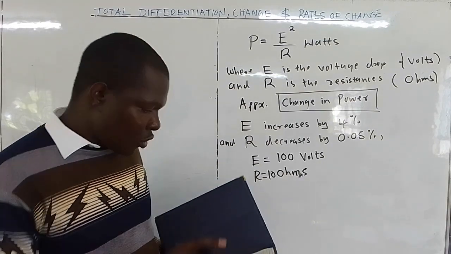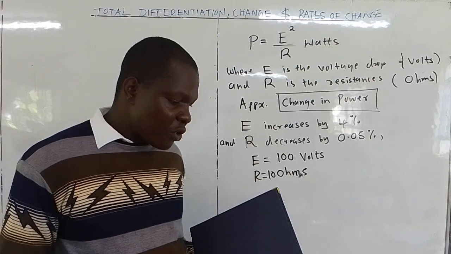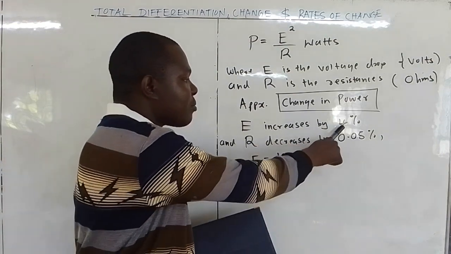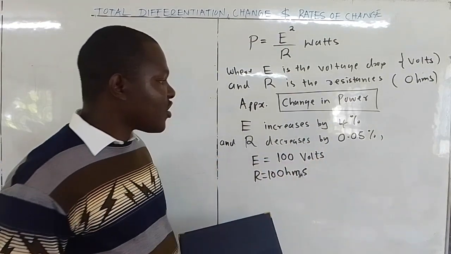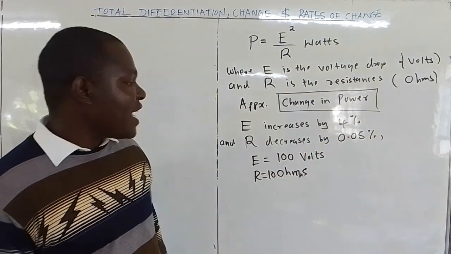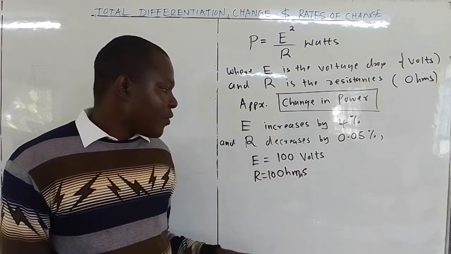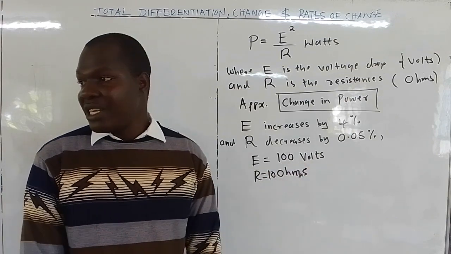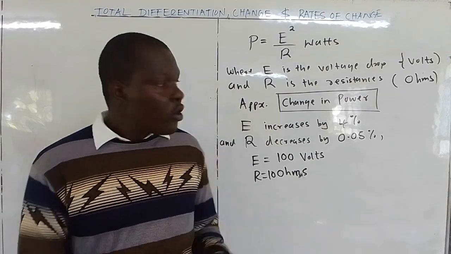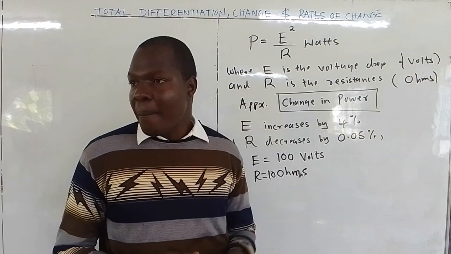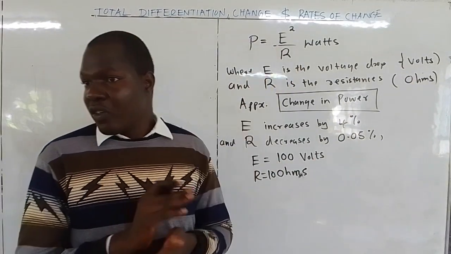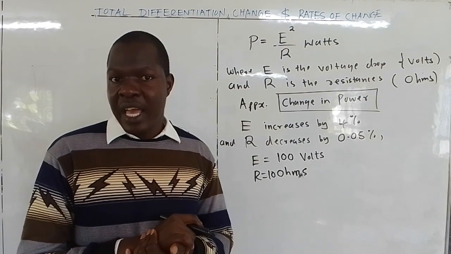Use partial derivatives to approximate the change in power when E increases by 4% and R decreases by 0.05%, if the original values of E and R are 100 volts and 10 ohms respectively. Now, what they want is what you make the subject of the formula. They want change in power, and power is already the subject of the formula. Is that okay?